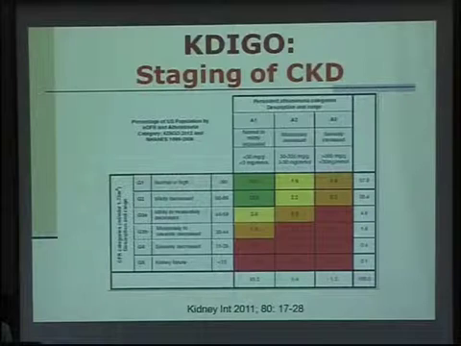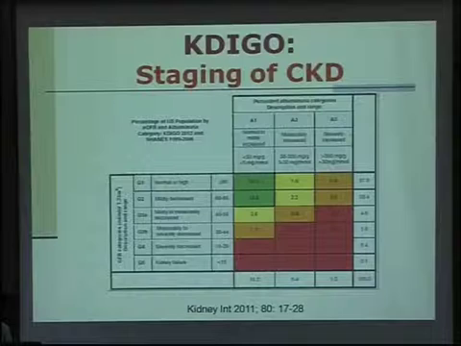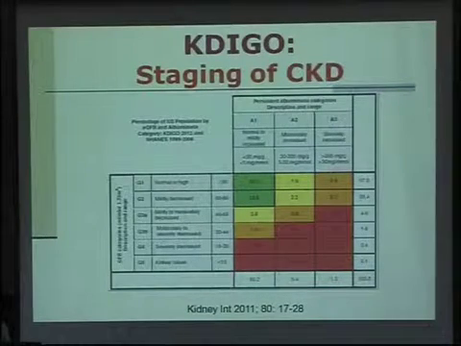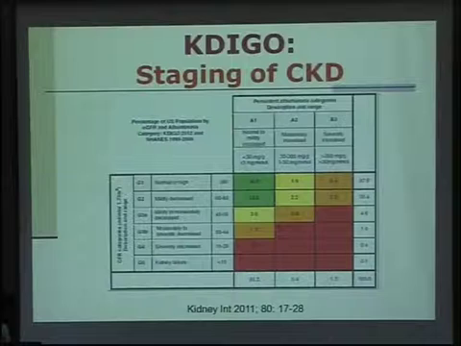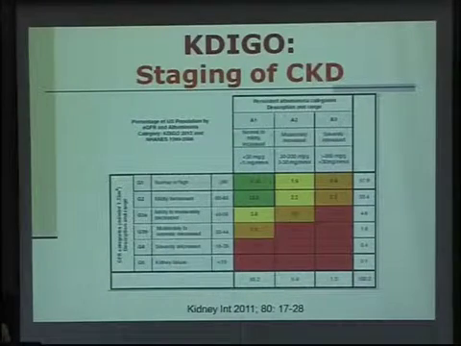Either persistent albuminuria or persistent hematuria, or abnormal ultrasound, or abnormal electrolytes that can be explained by renal dysfunction. Okay? Or the patient is subject to kidney biopsy and the biopsy shows abnormalities.